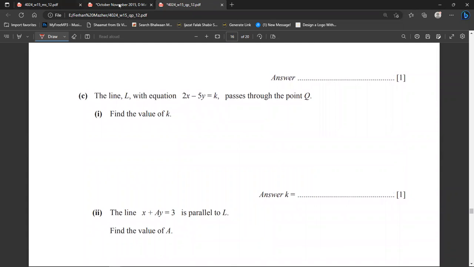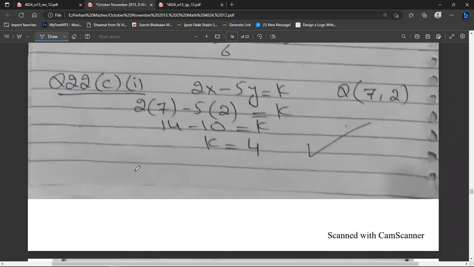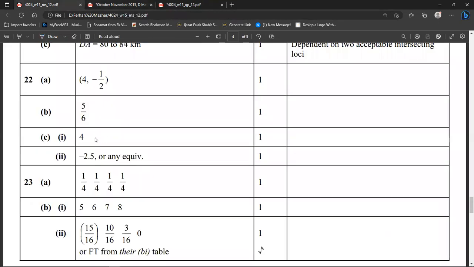Then I will be able to find the value of k. Very simple. Wherever you have the x, put 7, and wherever you have the y, put 2. So you will have 2 into 7 minus 5 into 2 equals k. So 14 minus 10 equals k, so k equals 4.